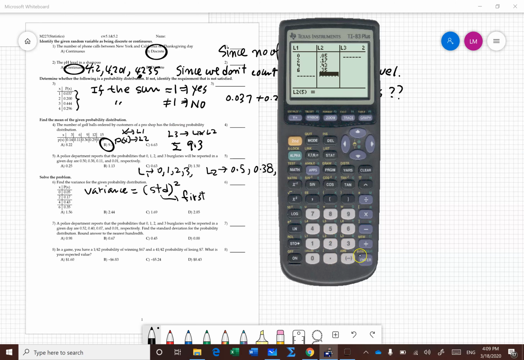0.35. Now to find the standard deviation, you go to stats, go to calculate, hit enter, second L1, comma, second L2. Then you get 1.6895.